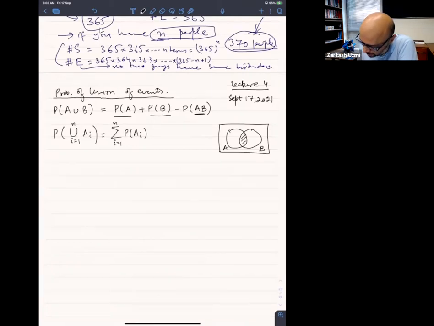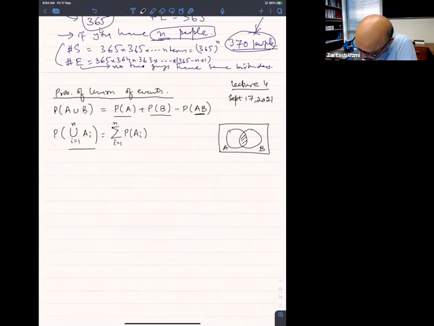This would have been our answer from the axioms of probability, which says that the probability of the union of mutually exclusive events is equal to the sum of individual probabilities. But we don't know whether the A_i are mutually exclusive or not.